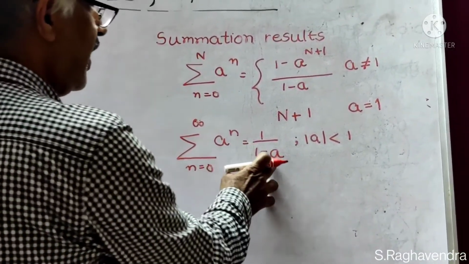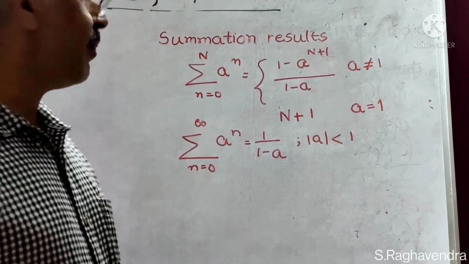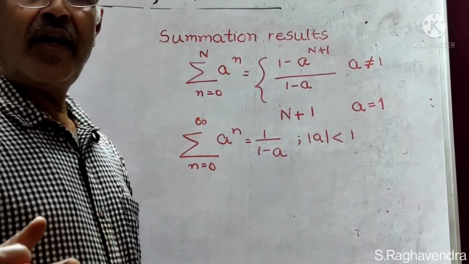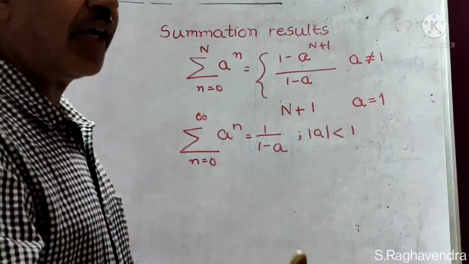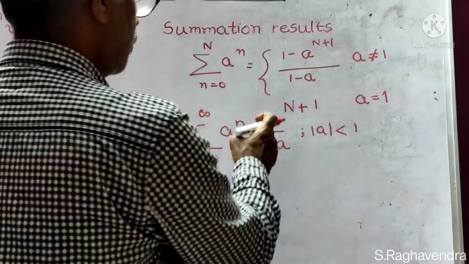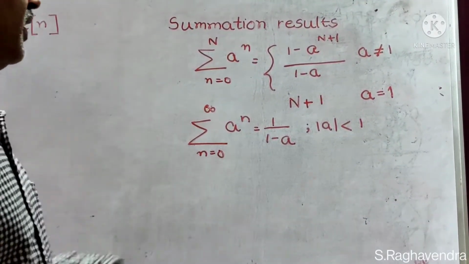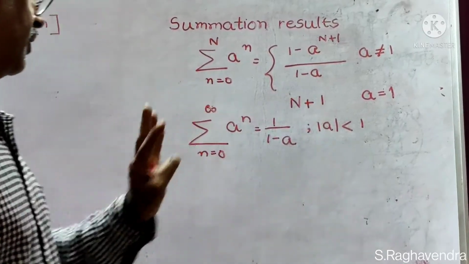That is why mod a is less than 1. I will explain the meaning of the modulus sign at a later stage, not now. Just keep in mind that a is less than 1.